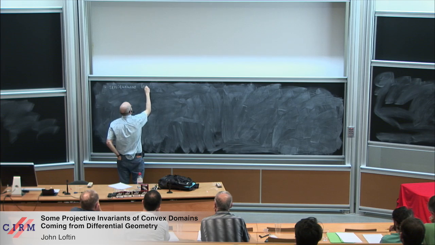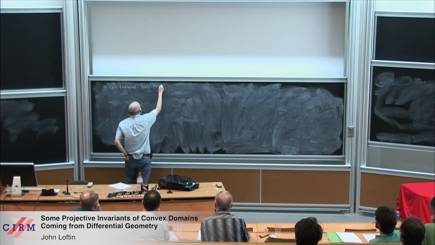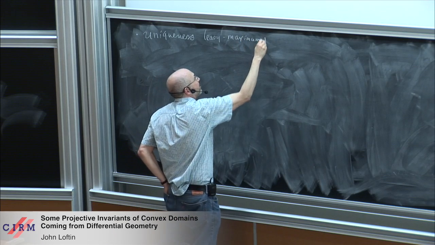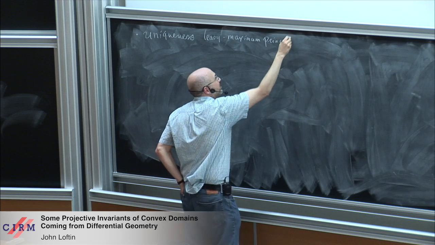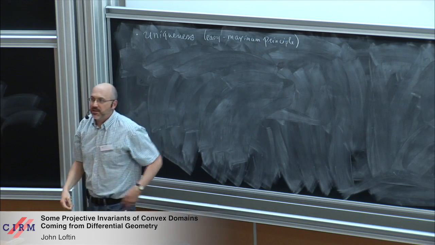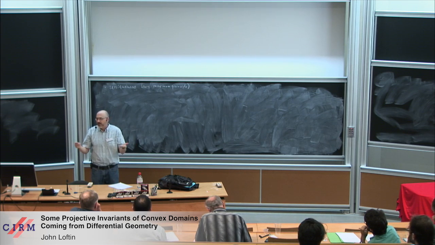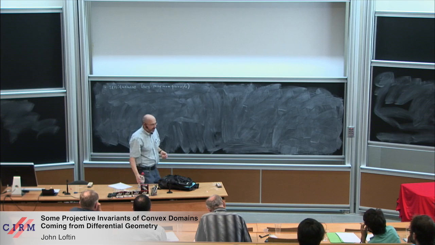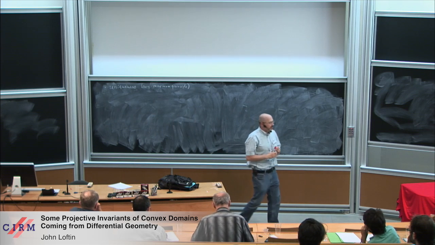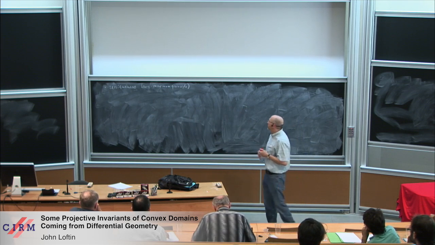This is an easy application of the maximum principle. You consider two solutions, and consider the maximum point of their difference, and you show that it has to be non-positive, and that's enough to do this.